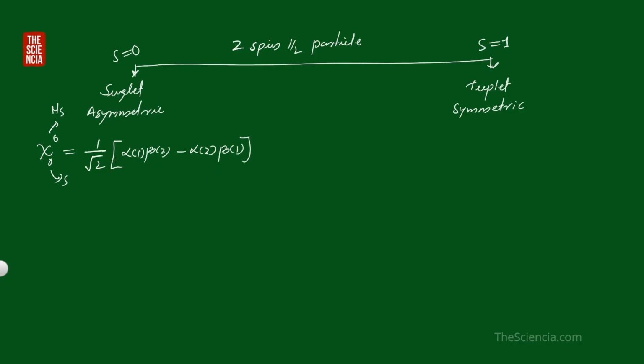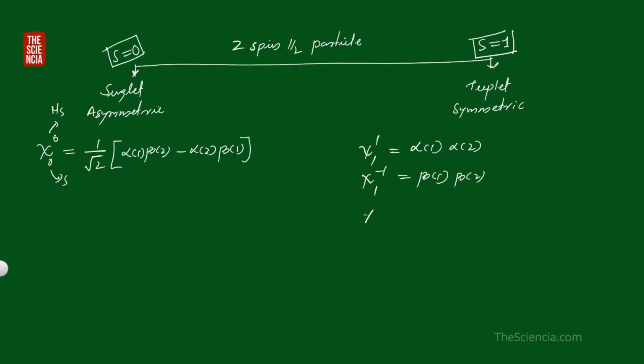So there is only one state for s equal to 0, and for s equal to 1 there are 3 states, and those states are represented by chi 1, 1, that is alpha of 1, alpha 2. That is, both the particles are in the spin up state. Now, second one is 1 minus 1. That is beta of 1, beta 2.